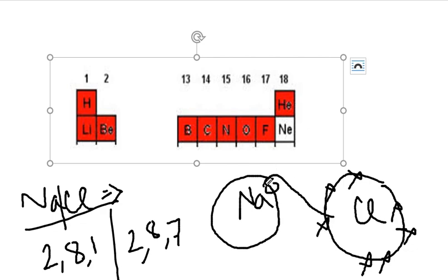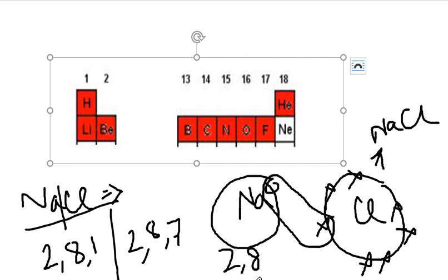Now if they join together, they form NaCl, and here sodium also has 2 and 8, that is, the last shell has 8 electrons, and chlorine has 2, 8 and 8, which also follows the octet rule. The last shell has 8 electrons.